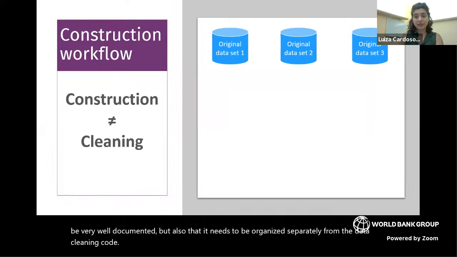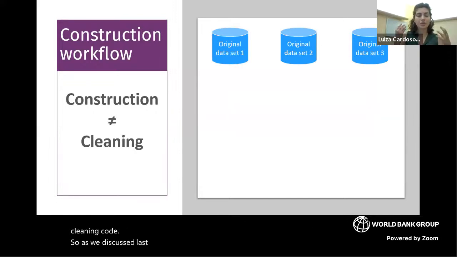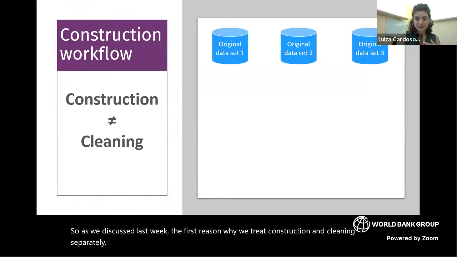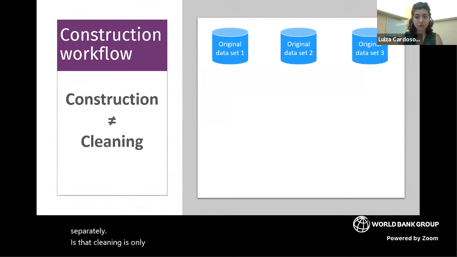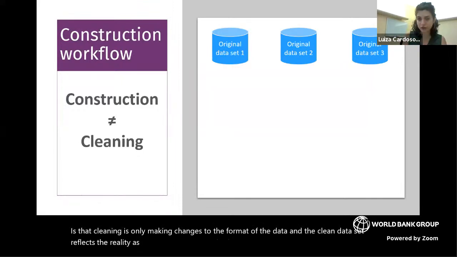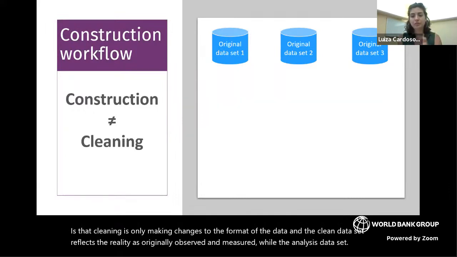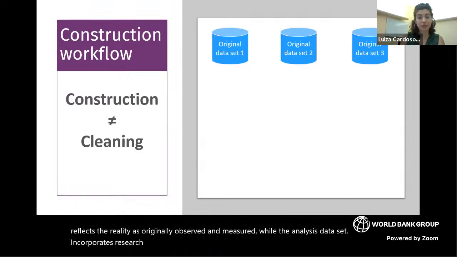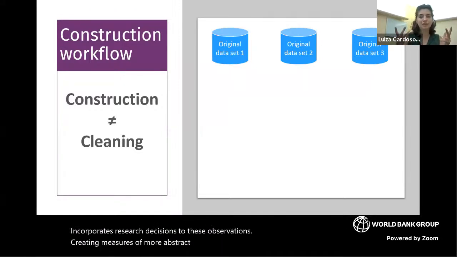As we discussed last week, the first reason why we treat construction and cleaning separately is that cleaning is only making changes to the format of the data, and the clean data set reflects the reality as originally observed and measured, while the analysis data set incorporates research decisions to these observations, creating measures of more abstract concepts and variables that can be directly used for analysis.